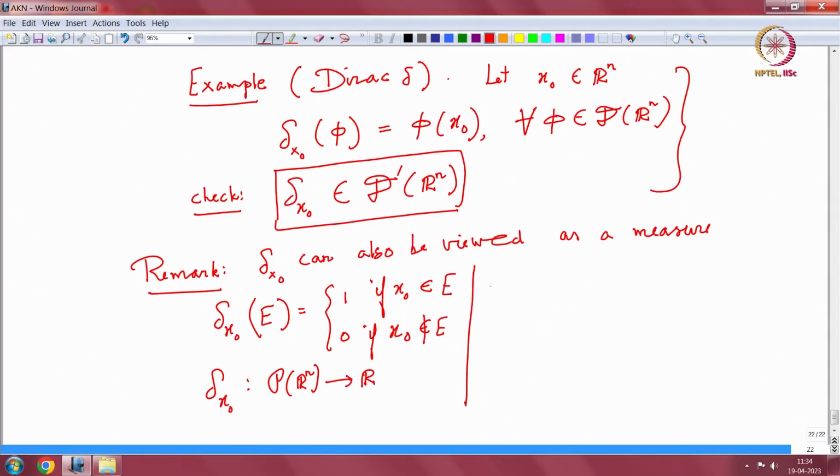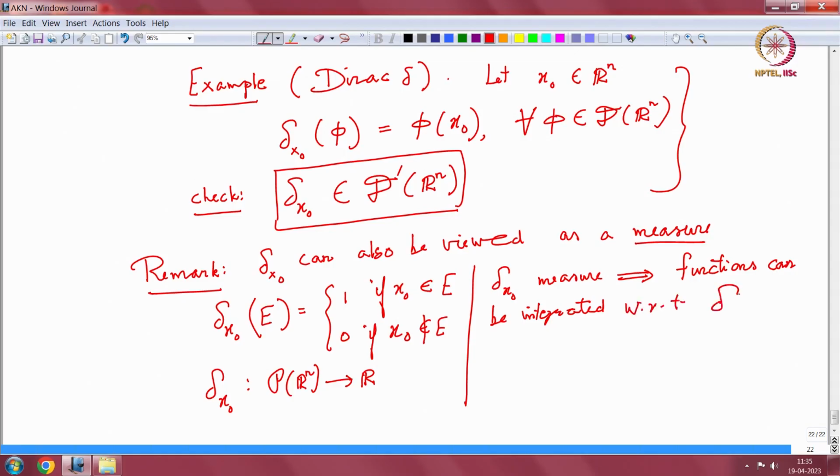And once you have that delta x naught is a measure, the measure develops an integration theory that tells you which functions can be integrated with respect to that measure. The advantage of a measure is that in the normal Lebesgue integration theory you have the Lebesgue measure, but for any other measure also you can develop an integration theory. So, we integrate with respect to delta x naught.